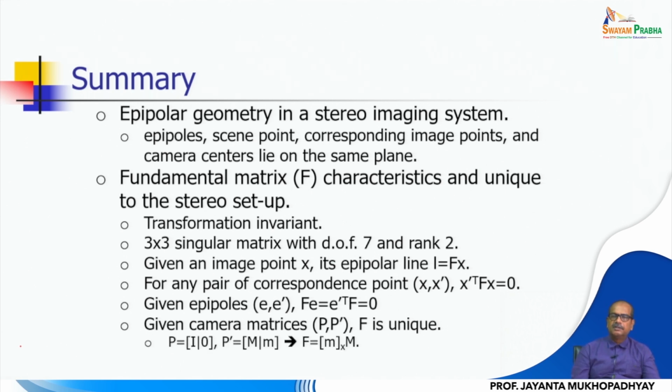So this is one thing, that if I give you P and P prime as matrices in this form with respect to a canonical camera system as reference, then F is given by m cross M, where M is the 3 cross 3 submatrix of P prime and small m is the fourth column vector of P prime.